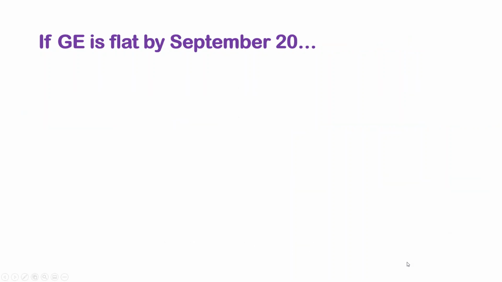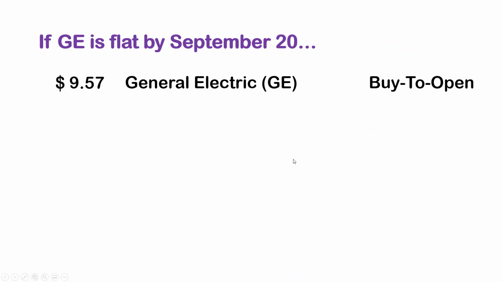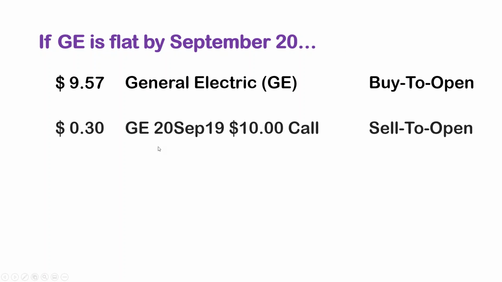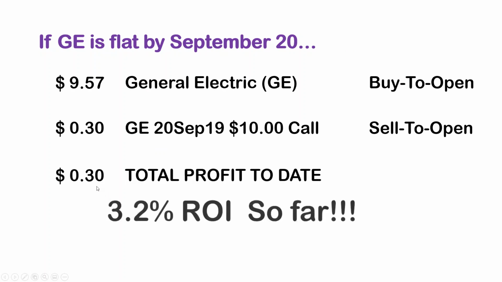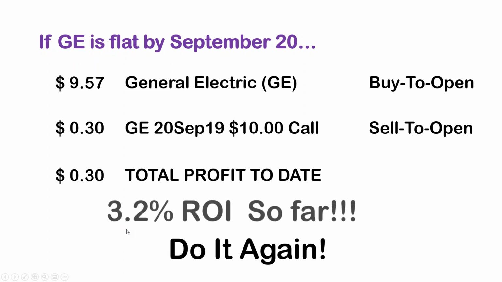What if GE doesn't go up above $10? What if it's flat? So you pay $9.57, you get your 30 cents. That means you had 30 cents of profit to date, which is 3.2%. And then we're going to do it again every single month. This is the actual ideal situation.